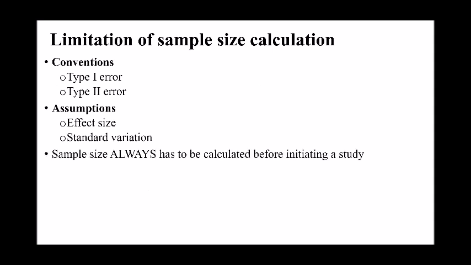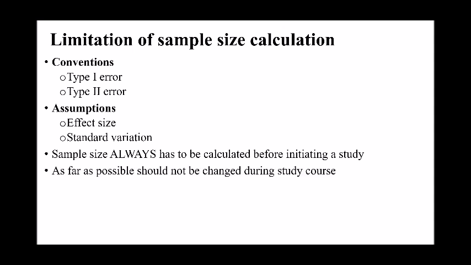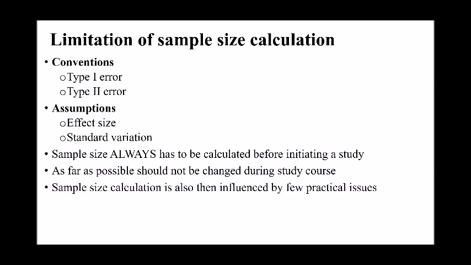Okay? And remember, the sample size always has to be calculated before initiating the study. And once you start the study, you might find yourself saying, no, the sample size is not enough. So that's one of the limitations. But try our best not to change the sample size after starting recruiting.